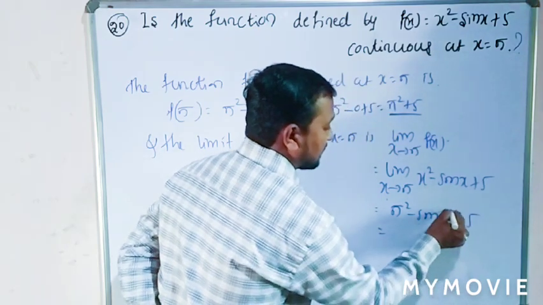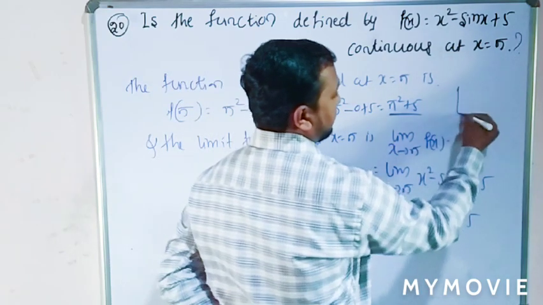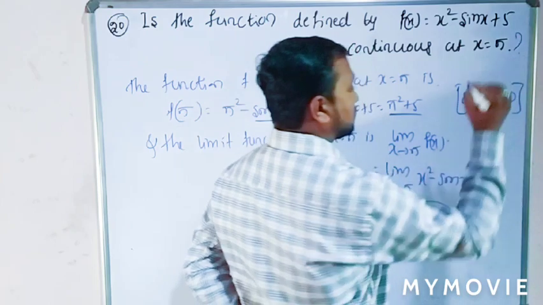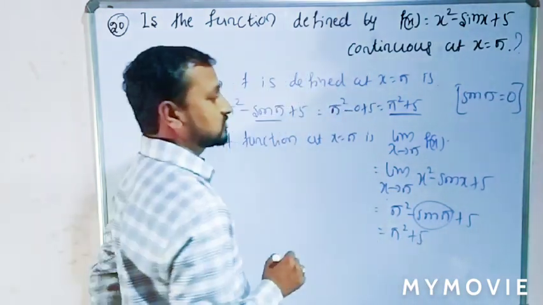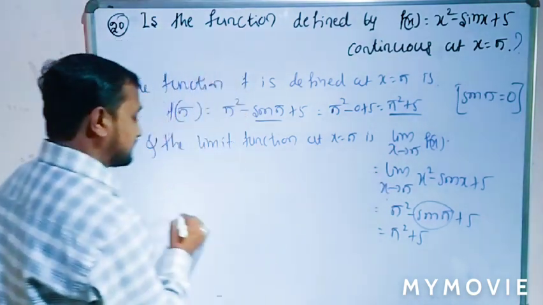Here also the value of sin pi is 0 because the value of sin 180 degrees is 0. Okay. That's why this is also pi square plus pi. So this is your limit value. Okay, the limit function.